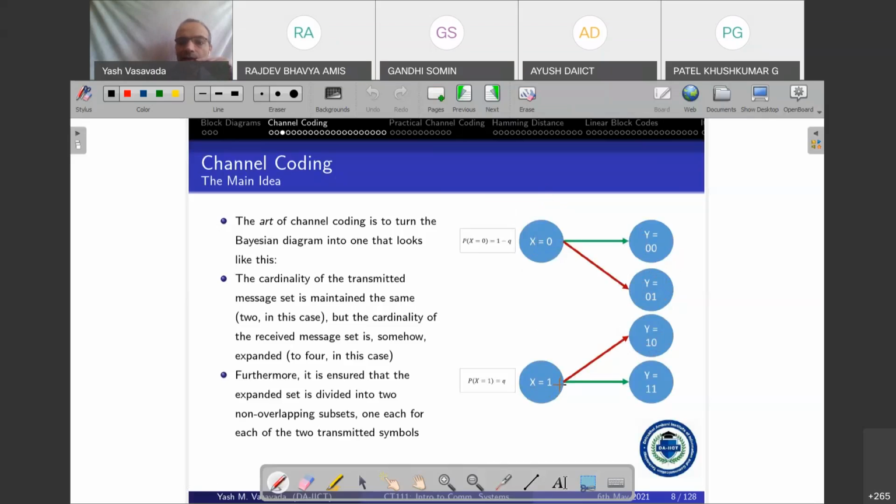And somehow I make sure that when the transmitter sends x equal to 0, the receiver can get only the upper 2 symbols. And when the transmitter sends x equal to 1, the receiver gets only the bottom 2 symbols. Now with this, I claim that the probability of error becomes 0. The receiver never makes any errors. Why is that?